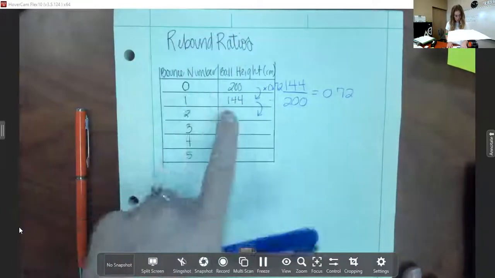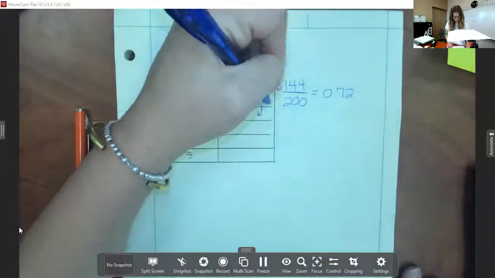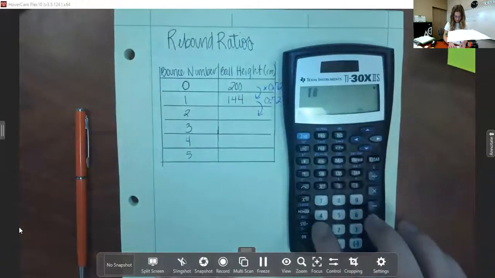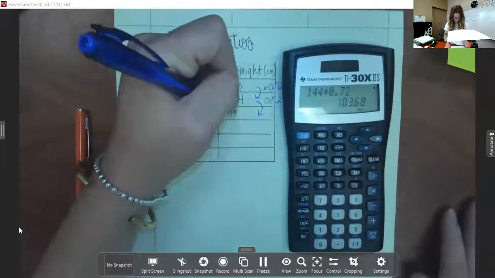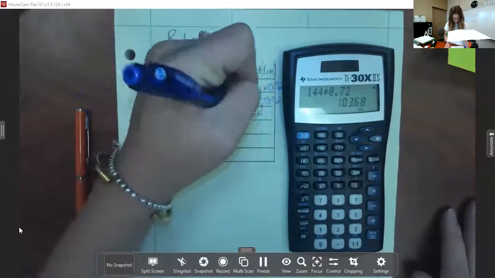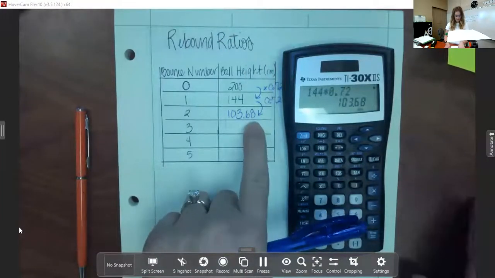We're going to do the new drop height of 144, and we're going to multiply it by 0.72. And we get 103.68. In the future, we are going to just round to the hundredths place, which is where the 8 is currently.